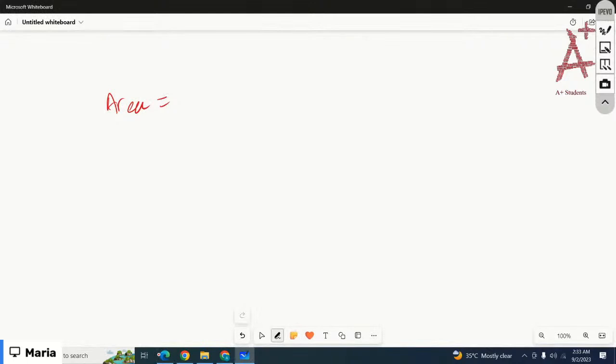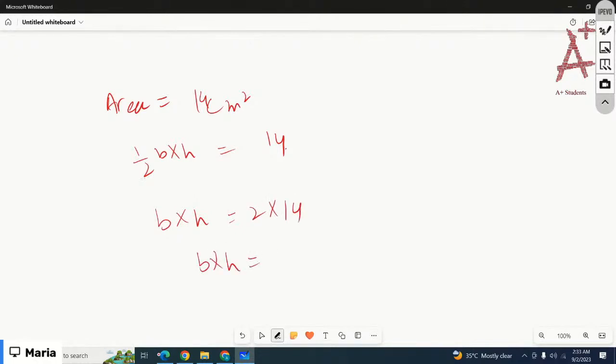The area you are given is 14 centimeter square. We know that the formula for the area of a triangle is half times base times height, and the value is 14. Move that 2 to the other side, it would be 2 times 14, and 2 times 14 makes 28.